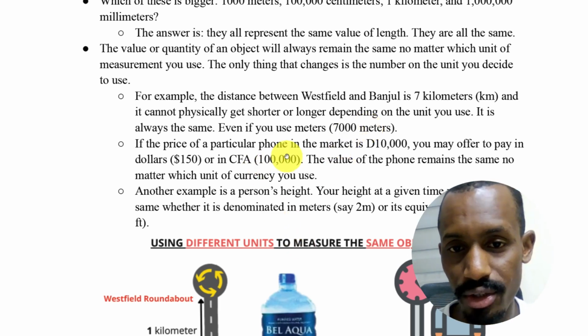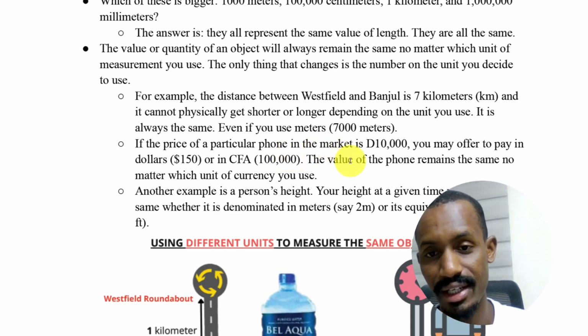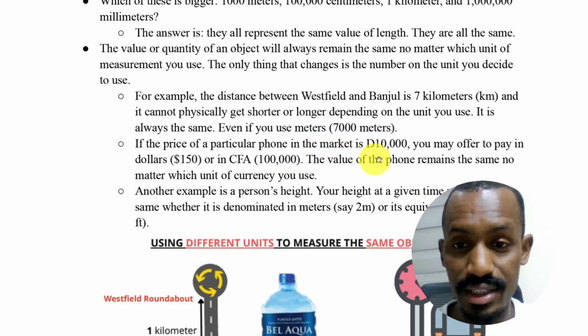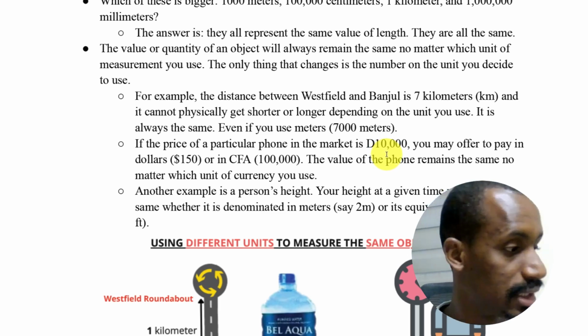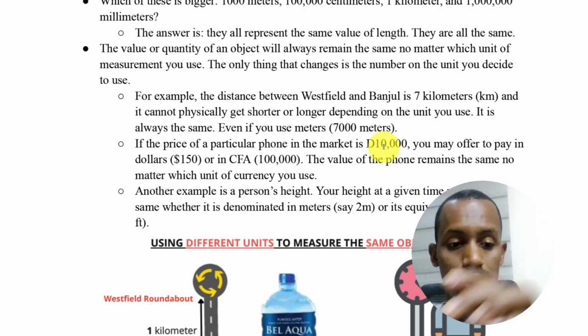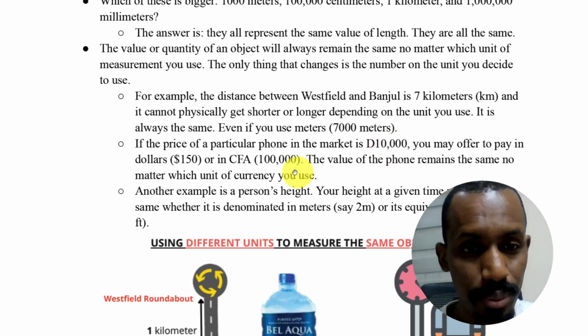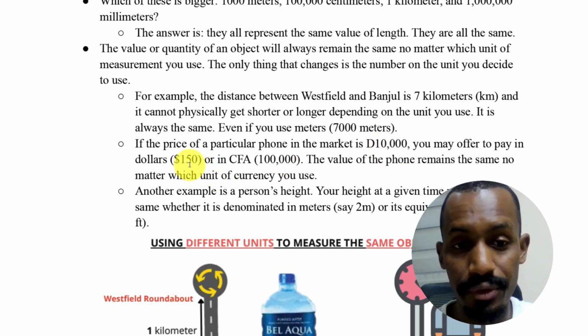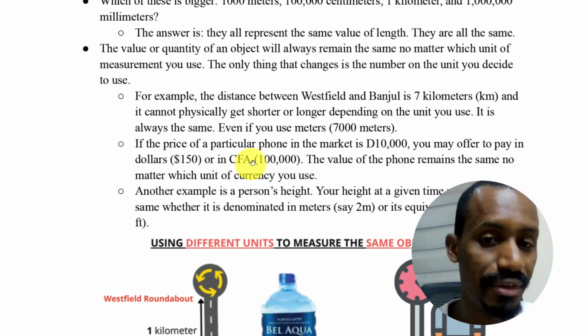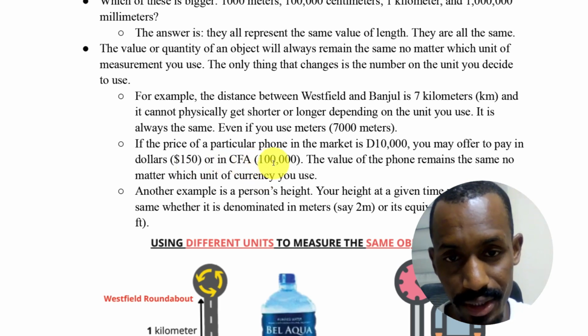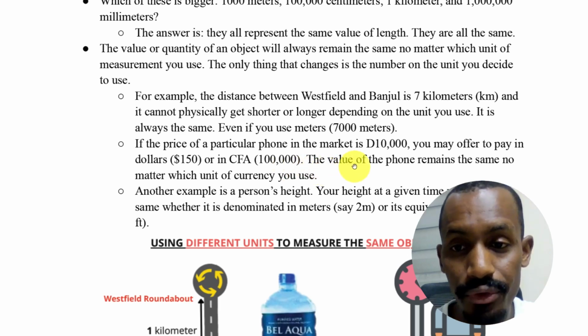If the price of a particular phone in the market, I've given an example of a phone even, is 10,000, the phone I'm using here, in the market you may offer to pay in dollars, for example $150, or in CFA, which is 100,000 CFA. So the value of the phone remains the same.